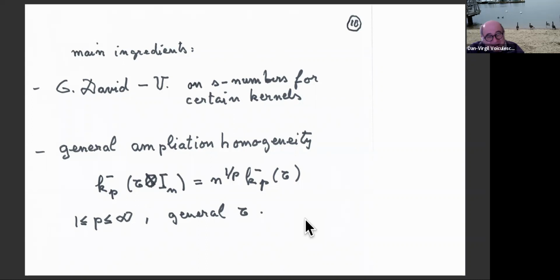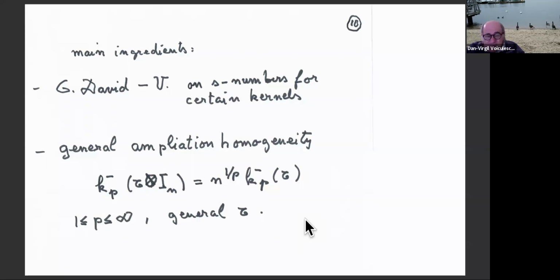This number K minus P, for any n-tuple of bounded operators, has a general ampliation homogeneity property. So K minus P: if I take tau and tensor it by the identity on C^n, that is, ampliate by n, then the K minus P of tau gets multiplied by n to the power 1 over p. Such a property is obvious if you have K_p, the Schatten-von Neumann ideals. It is quite trivial there.